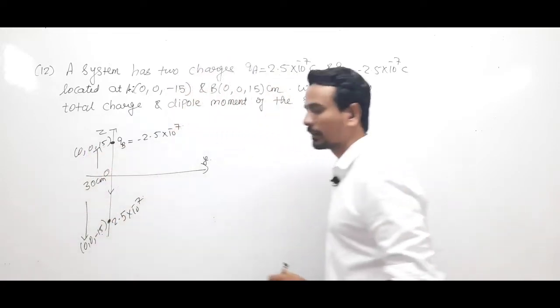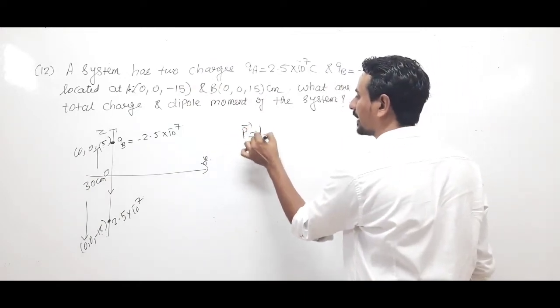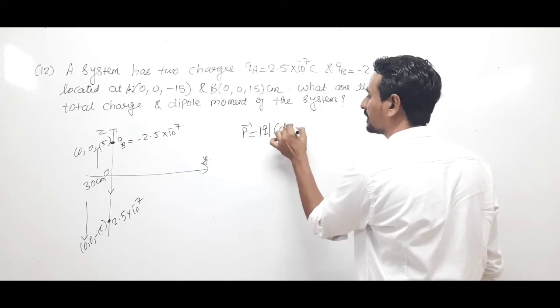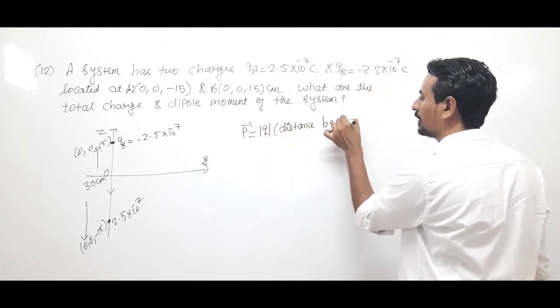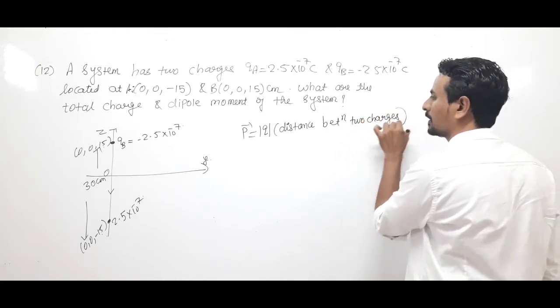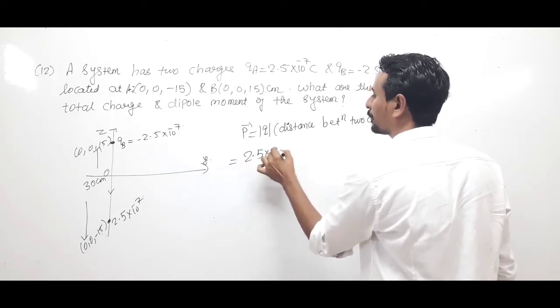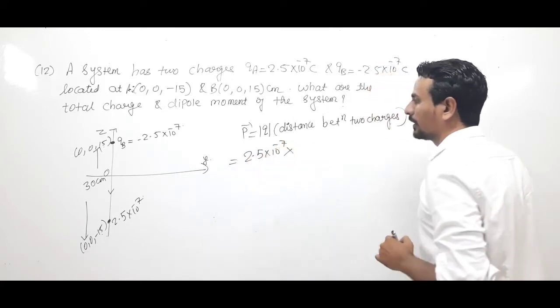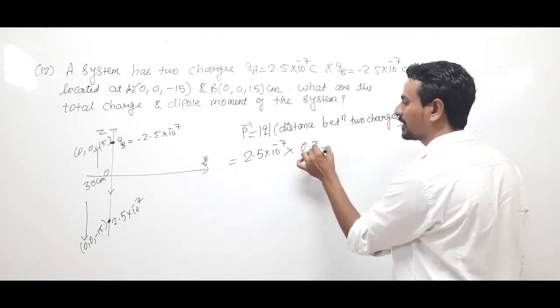Dipole moment is defined, magnitude wise, as any one of the charges times the distance between the two charges. So that is 2.5 × 10^-7 into the distance between the two charges, 30 centimeter, that is 0.3 meter.